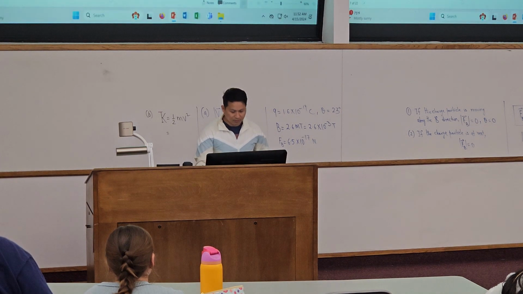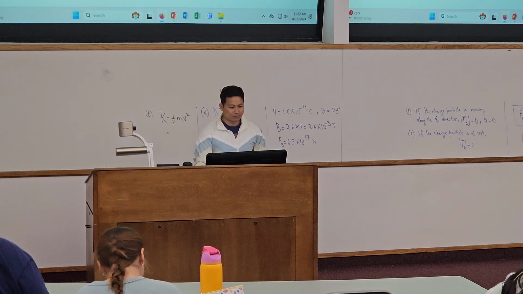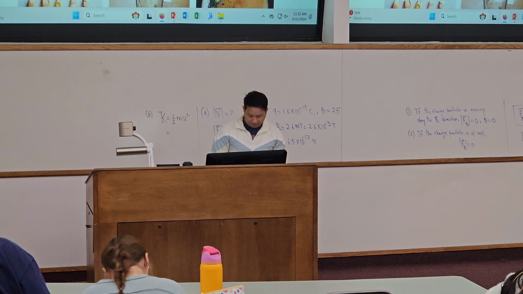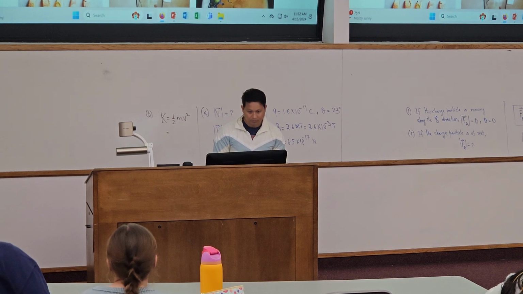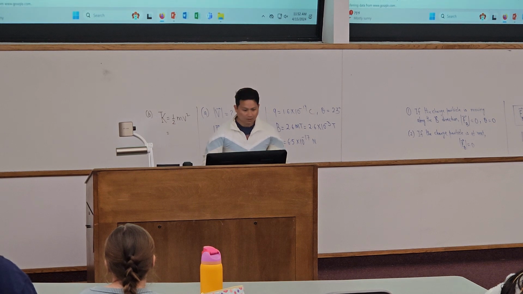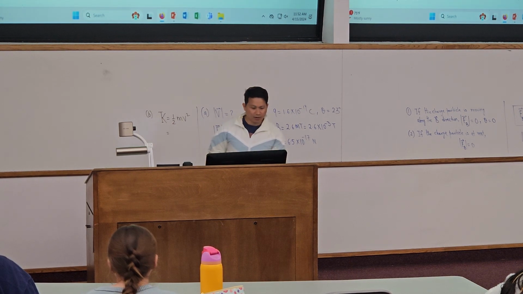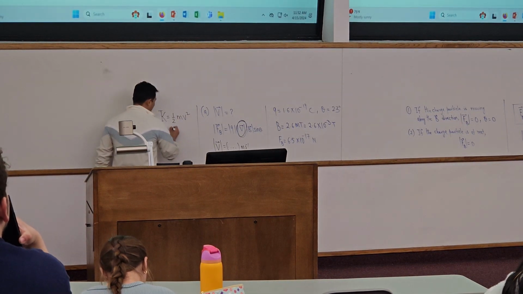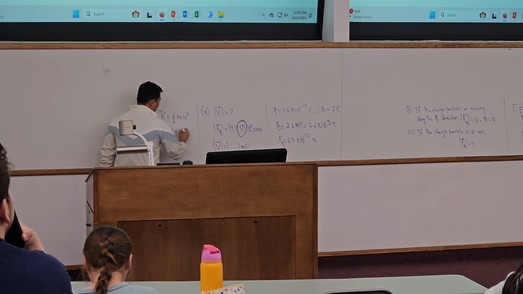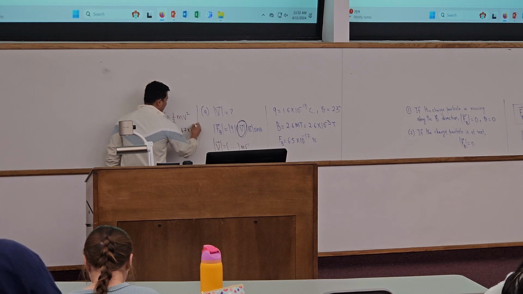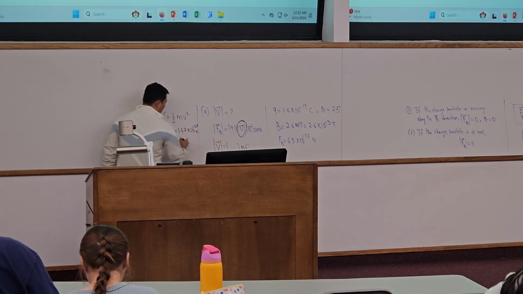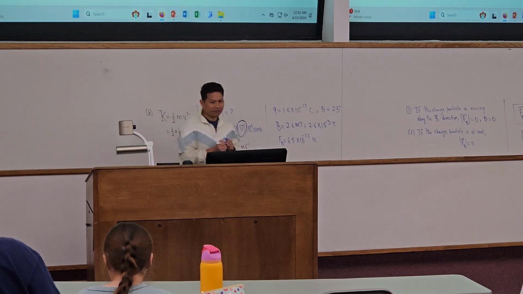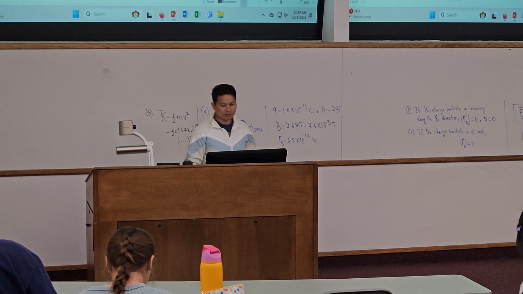So let me take a look at the mass of the proton. Mass of proton in kilogram is 1.67 times 10 power minus 27. So the kinetic energy is 1/2 times 1.67 times 10 power minus 27 kilogram times the velocity square, whatever velocity you get from there.